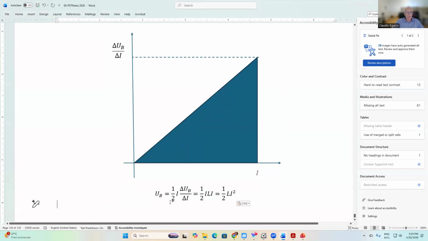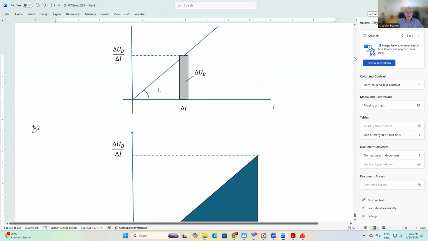UB is going to be half of I times delta UB over delta I. That is the total potential energy. But we do know what delta UB over delta I is.